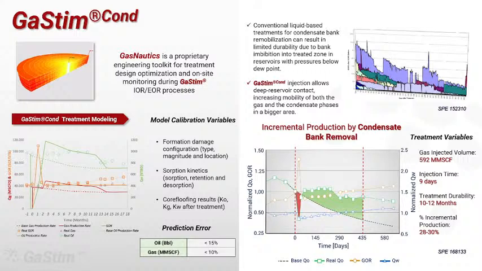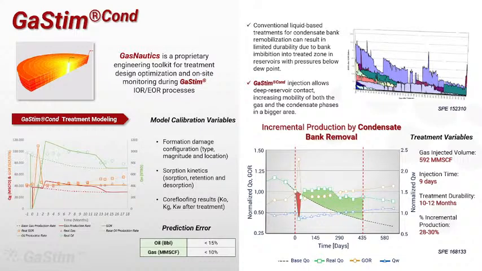But before I go into more detail of some applications, I just want to mention here that if you see the top right graph of this slide, that graph refers to previous liquid-based applications that our team at GaStimTech have some experience with. And what it basically tells us is that yes, in some cases the liquid-based treatments will show good results.